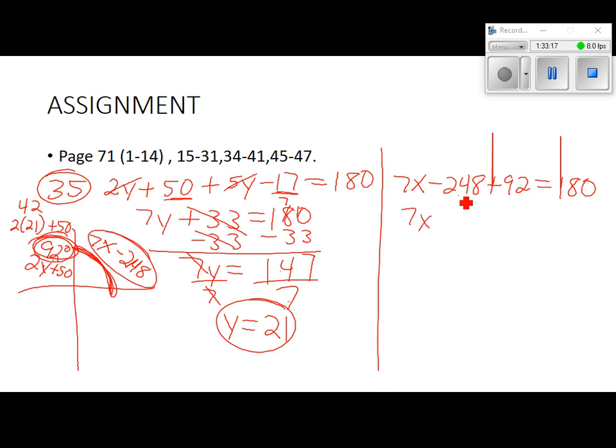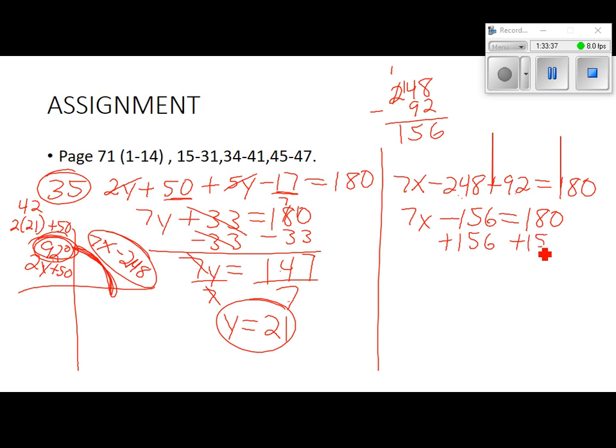Negative 248 and positive 92. Grab your calculator and do that. It's a negative 156. Add 156 to both sides. That's 6, 13, 336. Divide both sides by 7.